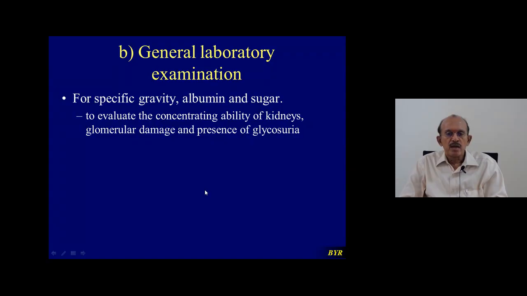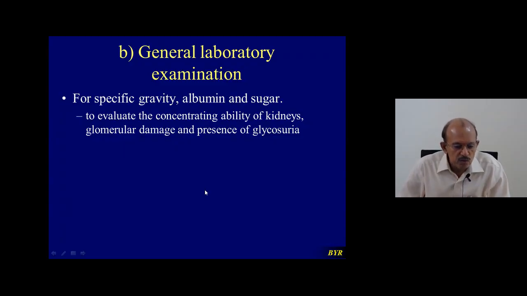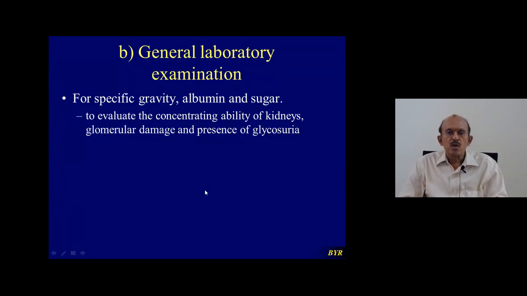Then deprive the patient overnight. You ask him not to drink any water for 12 hours. Then you collect the urine and examine the specific gravity. That will be 1.020. So it will be varying between 1.004 or 5 to 1.020 or 1.030.